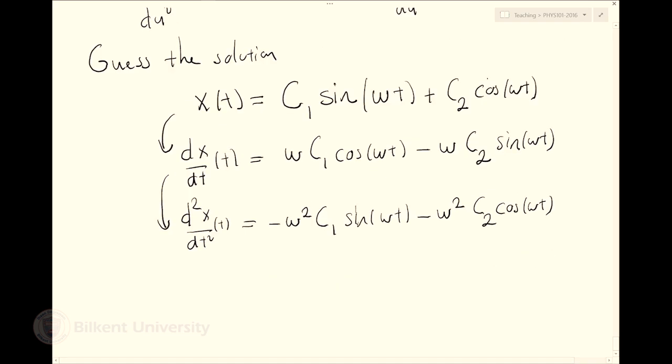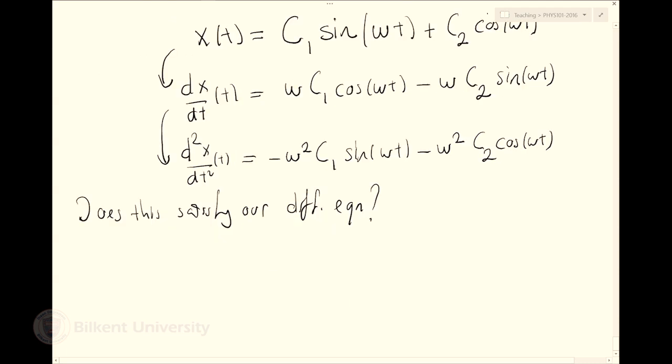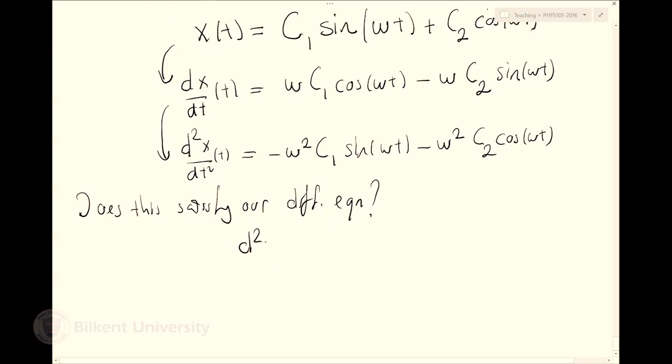Let's see, does this satisfy our differential equation? What was our differential equation? D square x dt square was minus k over m x.